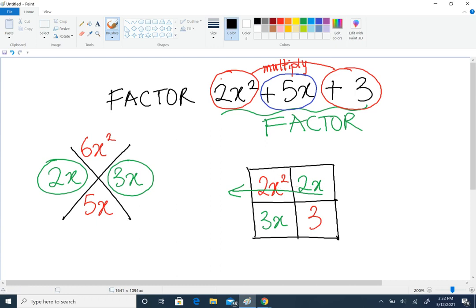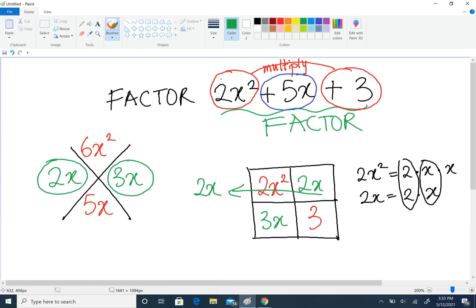And I actually showed the best way to do this. You can actually break down the numbers. So 2x squared is 2 times x, right? And then 2x is 2 times x. So notice how there is a 2 and an x in both of them. So that tells me that 2x is a GCF that should come out of this row, right?